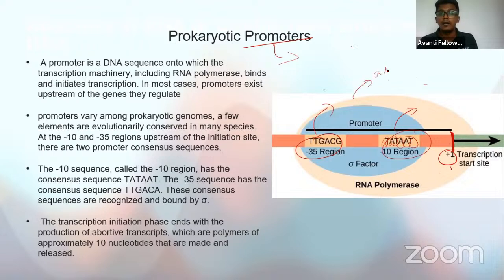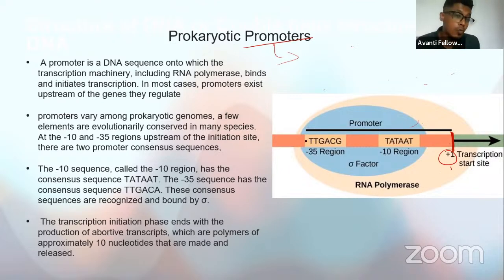For the assembly of transcription. How will your RNA polymerase know where to start the transcription process? There has to be a point where everything begins. That beginning point for transcription is your promoter.